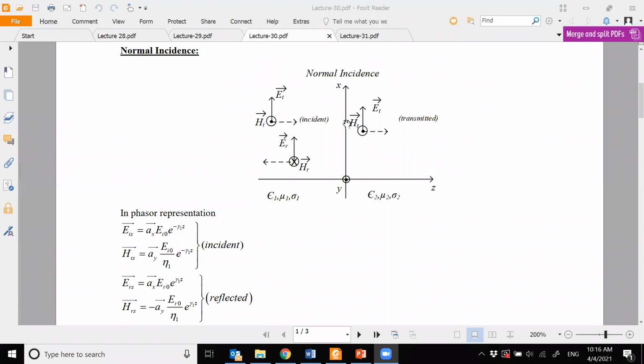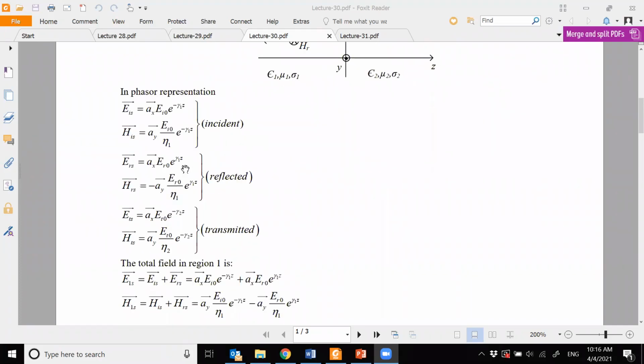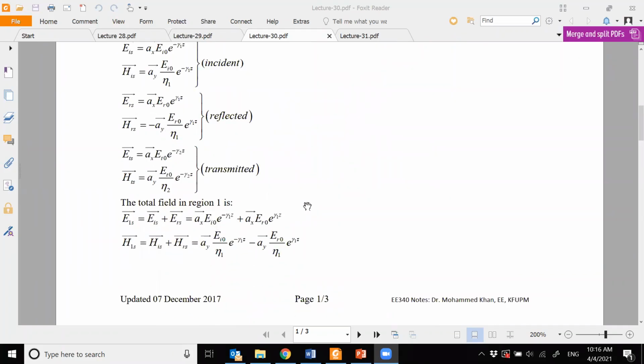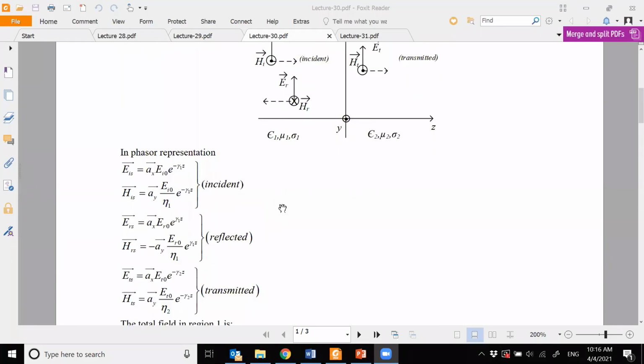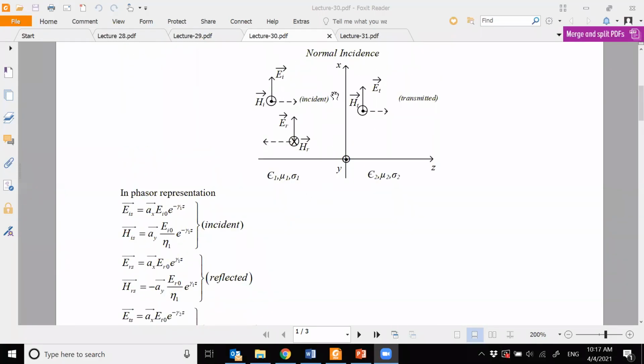First, let's find the total electric field and magnetic field, and then we will apply the boundary conditions. So I know the incident, reflected, and transmitted field. Can I find the total field in region 1? What will be the total electric field in region 1?